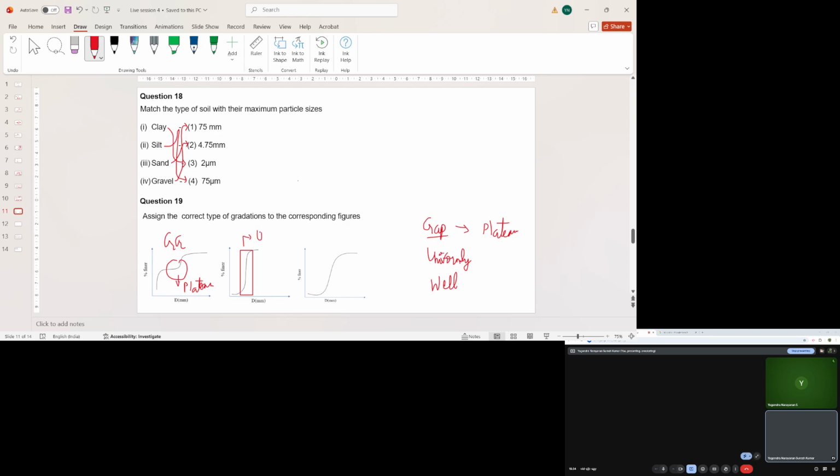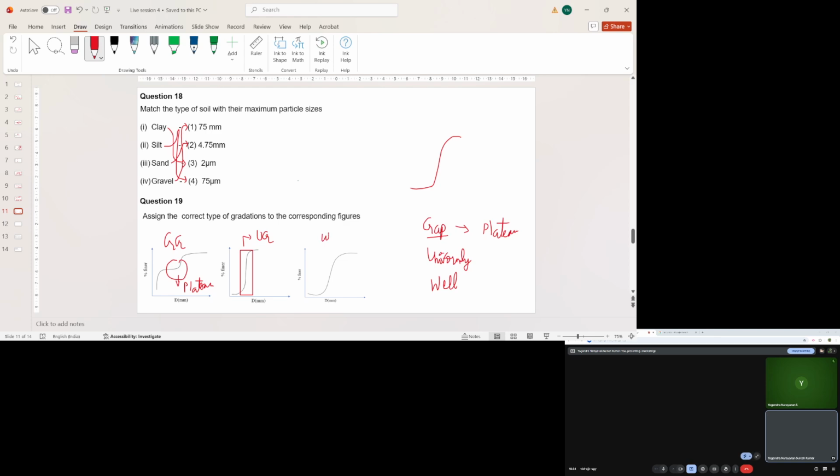This corresponds to a uniformly graded soil sample. Now here you find an almost perfect S curve, which means there is a wide range of particle sizes in the soil sample, so you get a denser soil sample.